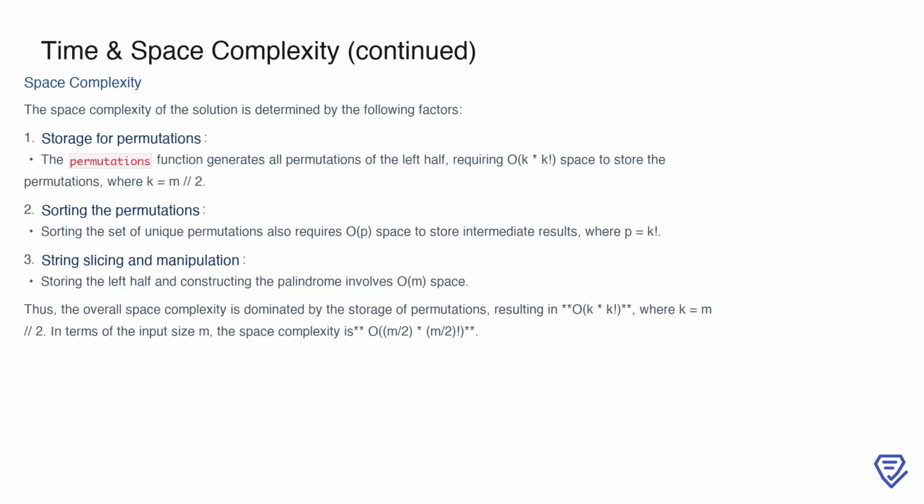Sorting the unique permutations also requires p space, where p equals k!. Additionally, operations like slicing the string and constructing the palindrome involve m space. When we combine these factors, the space complexity is primarily dictated by the storage of permutations, resulting in k*k!. In terms of the input size m, this translates to m/2 * (m/2)!.